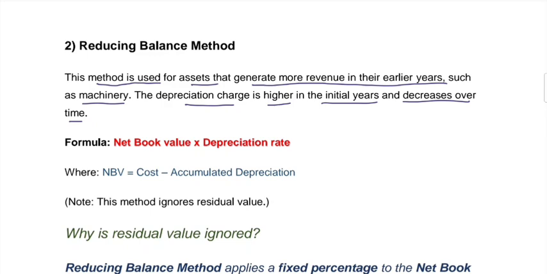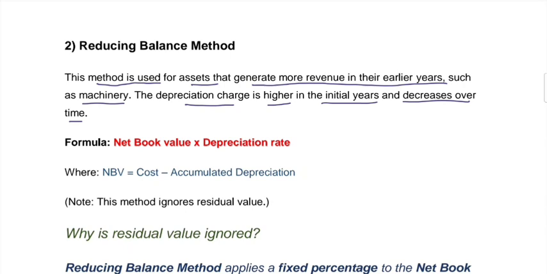So for those assets that are going to be giving you many more economic benefits at the start of the years, like in the first maybe 5-6 years, the reducing balance method ensures that we have a higher depreciation charge in those years, which is going to be matching systematically with the higher economic benefits that those assets generate at the start of the years.